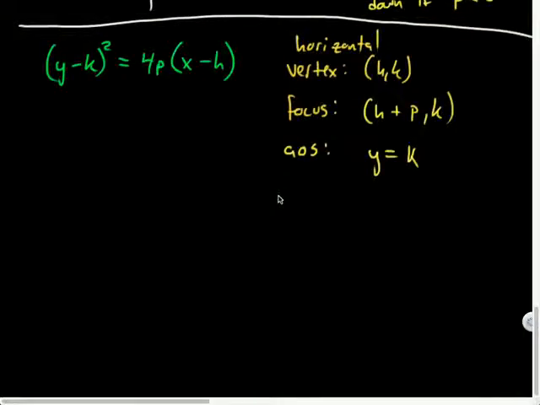And then what do we got? We've got the directrix, which will be x equals a number. And how far away from the vertex is the directrix? p units away, except instead of h plus p, it's going to be h minus p.